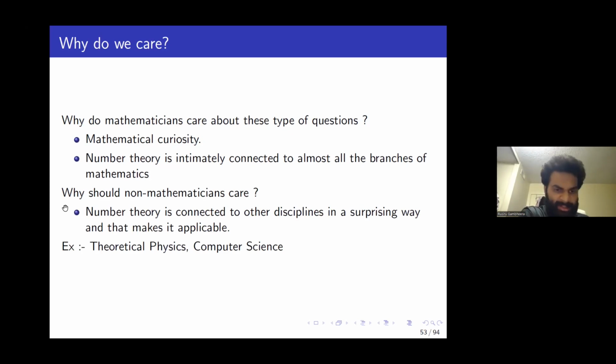If you are a theoretical physicist, even if you don't have the mathematical curiosity, you still have the scientific curiosity, and you should care about integers, because, as I said, just like the monster group, number theory and integers and related objects pop up naturally in theoretical physics.